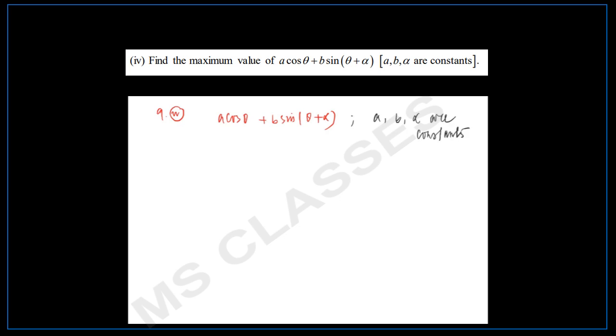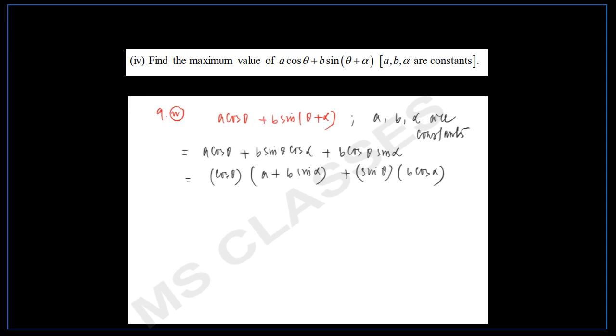So we split it up as A cos theta plus B sine theta cos alpha plus B cos theta sine alpha. Now we'll take cos theta common, why, I'll explain: B sine alpha plus A cos theta, and sine theta common: B cos alpha.